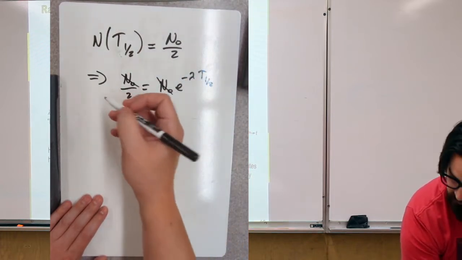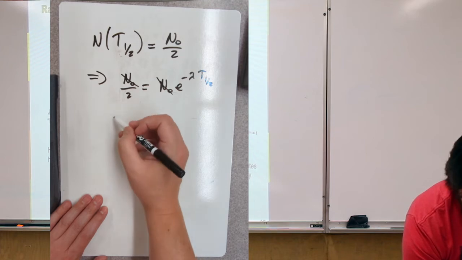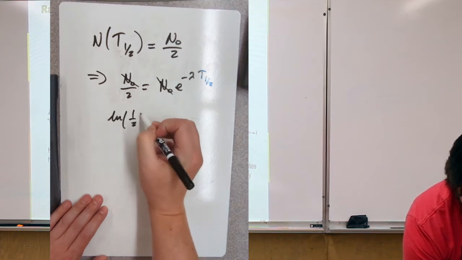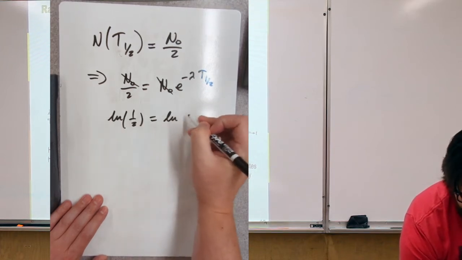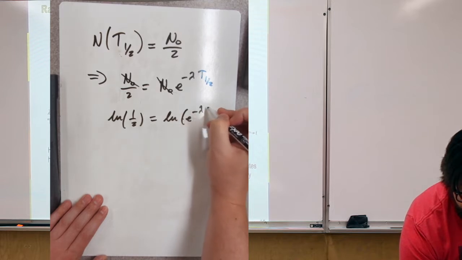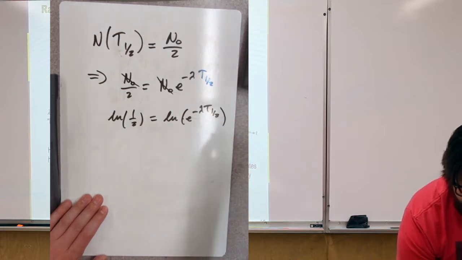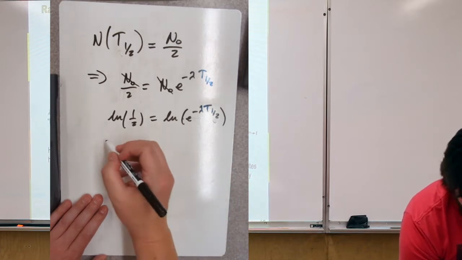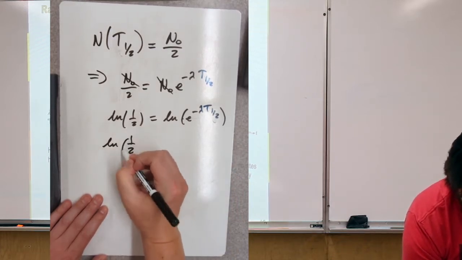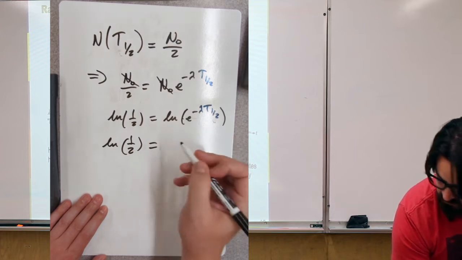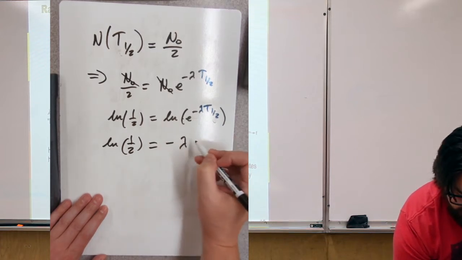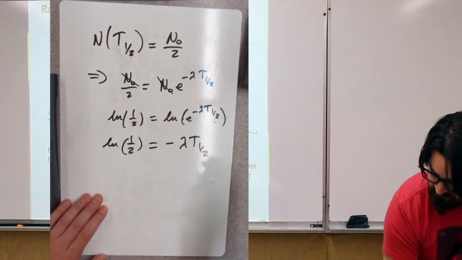These guys go away, and take the natural log. That's 2. Take the natural log to undo this exponential, because we end up with minus that.